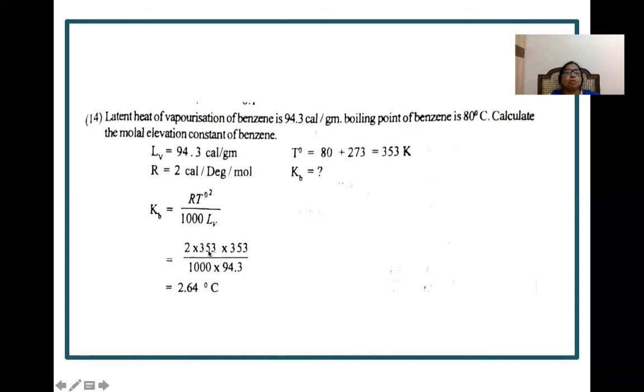After doing the calculations, we will get the value 2.64 degrees centigrade. So this is the molar elevation constant of benzene.